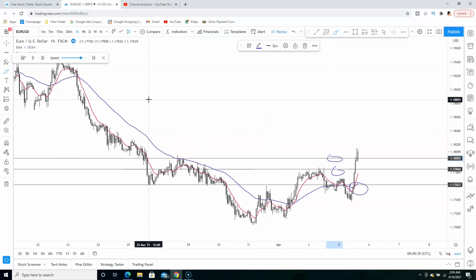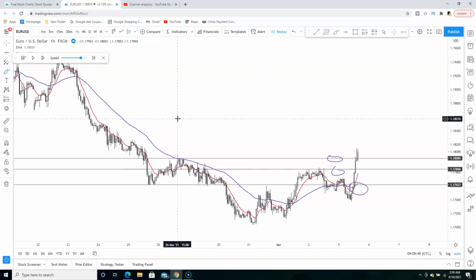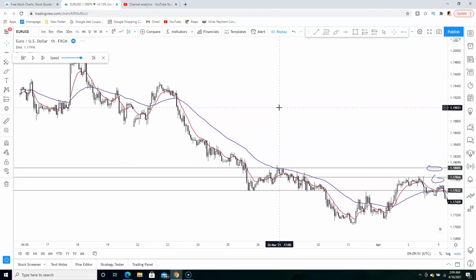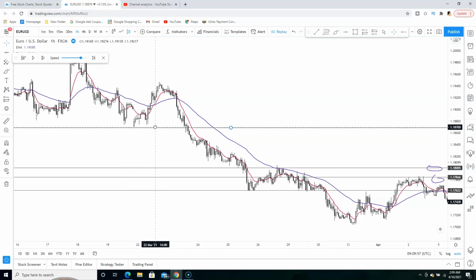Now, let's see if we could have won more trades over here. What you have to do is simply look for more zones. This is why your support and resistance zones are very important. You can see we have a zone over here.